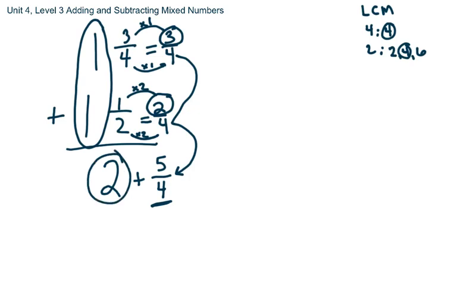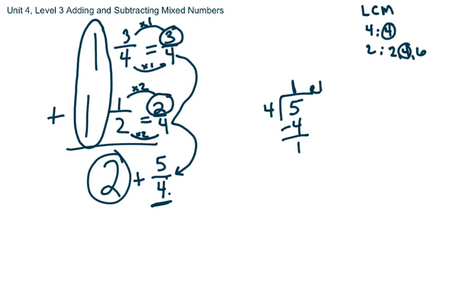Well, if you'll remember back to the first level of this unit, in order to change 5 fourths, I would take 5 and I would divide it by 4. 4 goes into 5 one time. 1 times 4 is 4. I subtract, and I'm left with a remainder of 1.